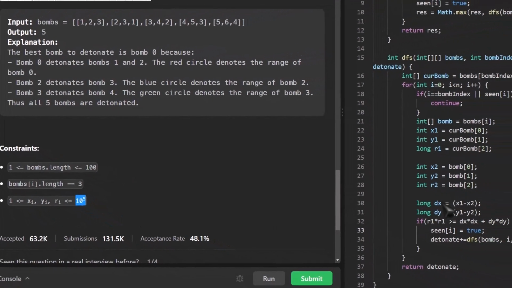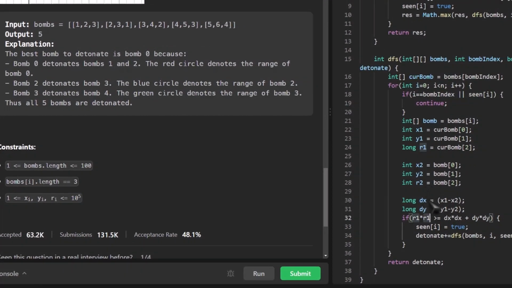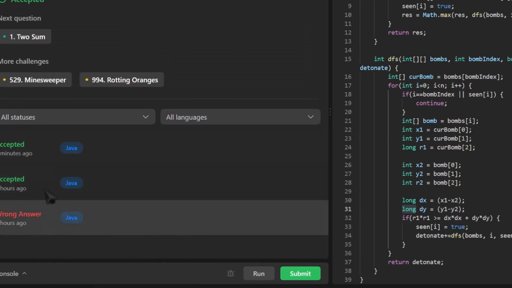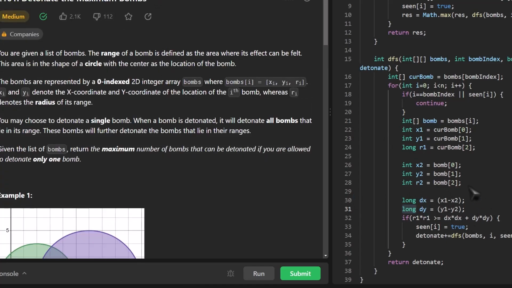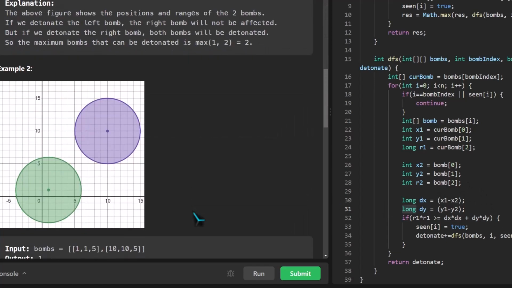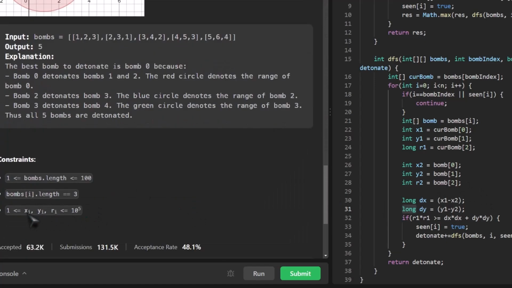So when we multiply them, 10 to the power 5 into 10 to the power 5, it will be a long value, so we need to be careful about that. I first got a wrong answer because I used int and didn't convert to long.